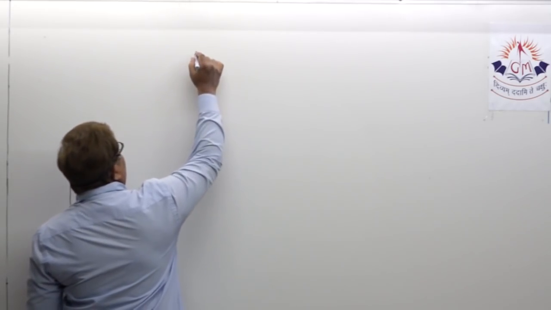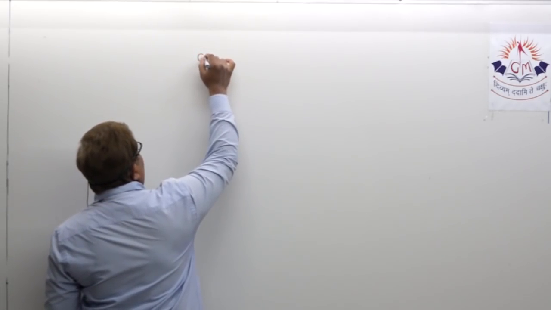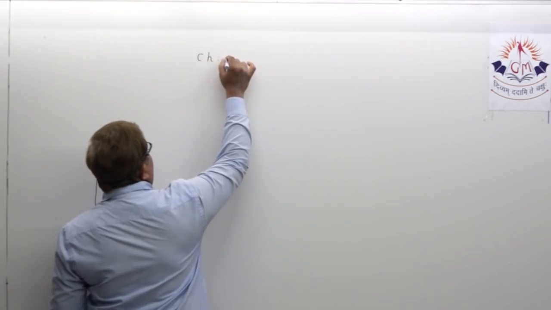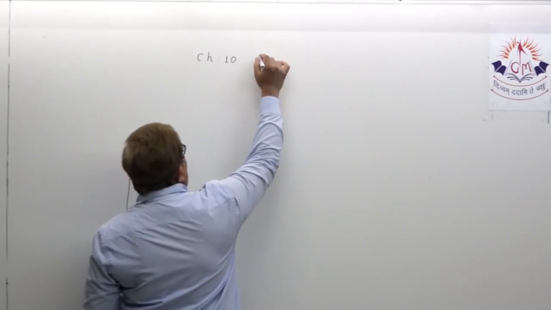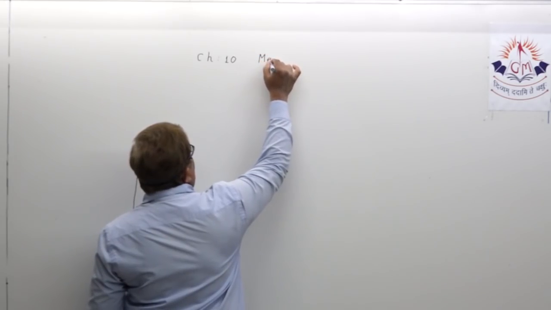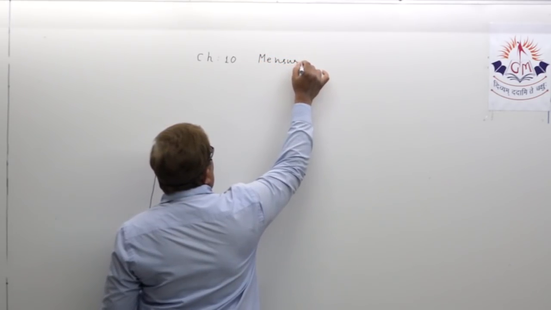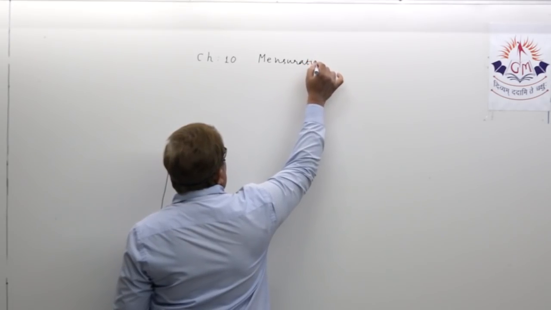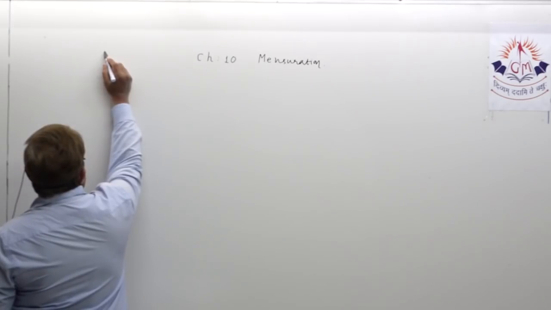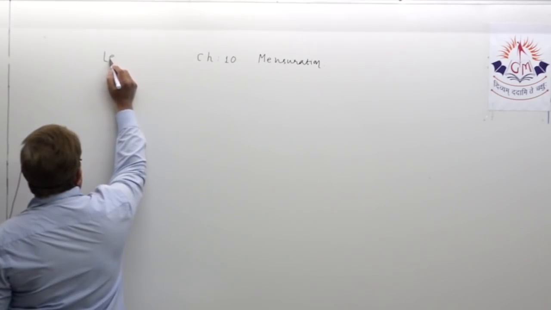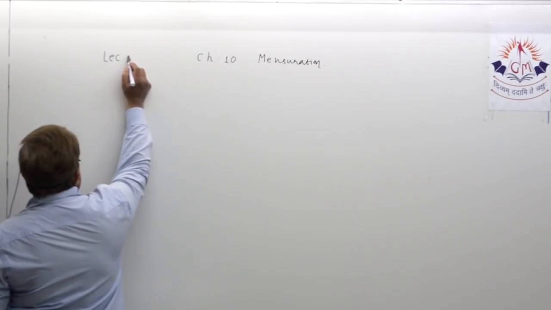Chapter name should I mention again? Let us write. It is chapter number 10 which you are attending today again, and the name of the chapter you all know, that is mensuration. And in that you are attending today lecture number 6.